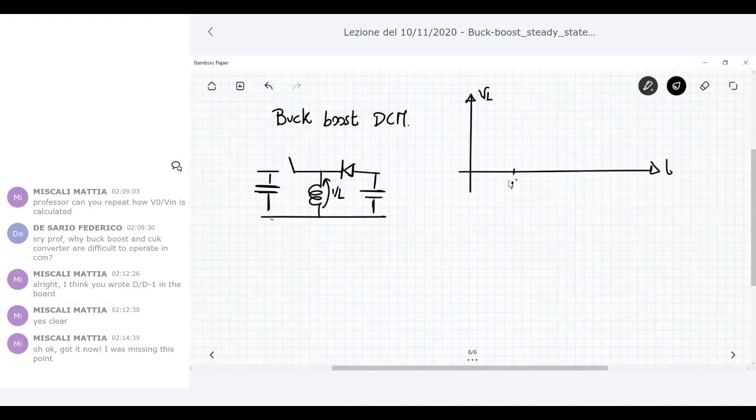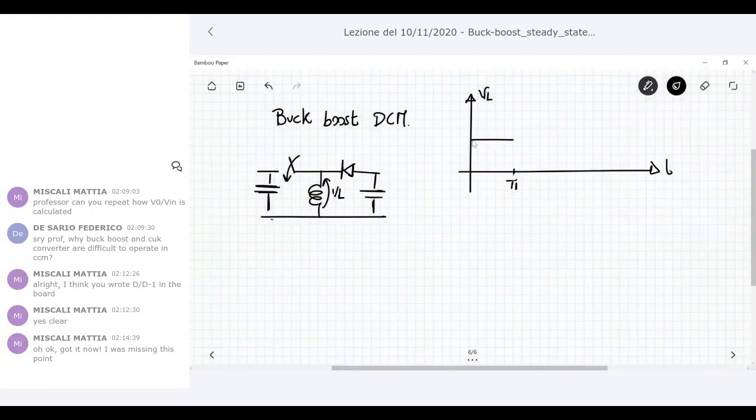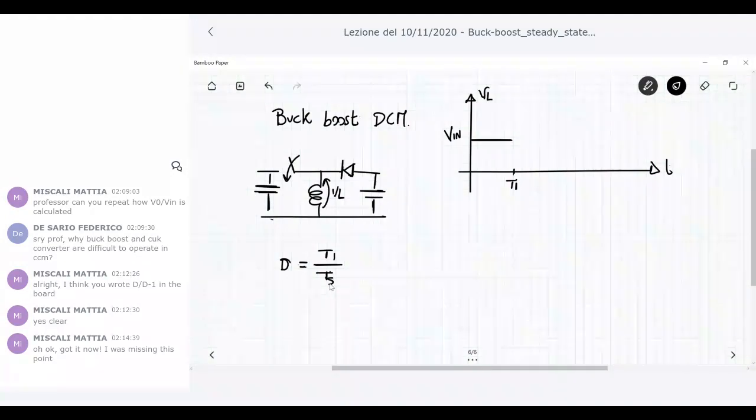And so you can have the T1 period in which the switch is closed, the diode is off, and the voltage VL is exactly like V in. By the way, we can continue to define the duty cycle as the ratio between T1 and TS, which is the switching period.